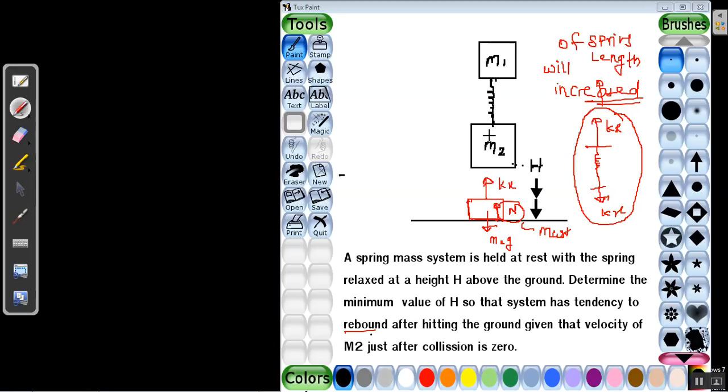We are going to analyze the condition just after the collision first, then a long time after the collision. So just after the collision, what will happen? Let me erase these things; I don't think they are required now.